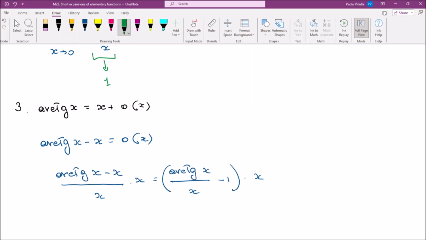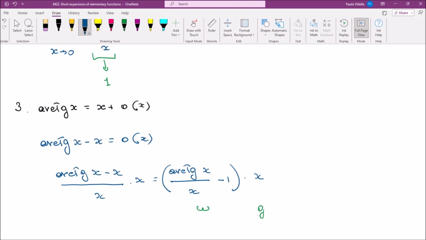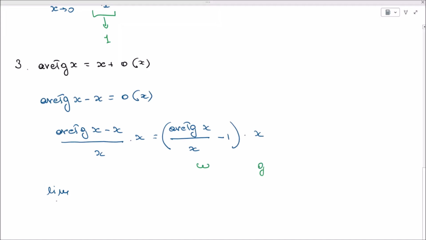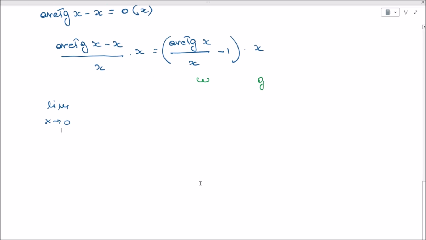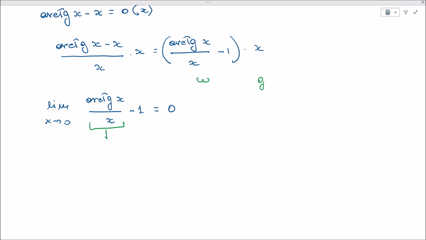This is our g, this is our omega. So we need now to prove that the limit as x goes to 0 of arctangent of x divided by x minus 1 is equal to 0. But we know this because this is a fundamental limit. Okay?